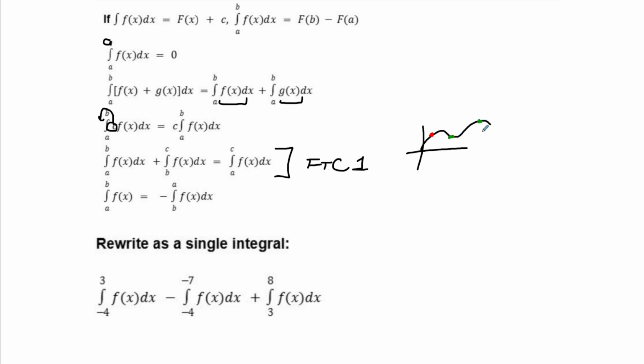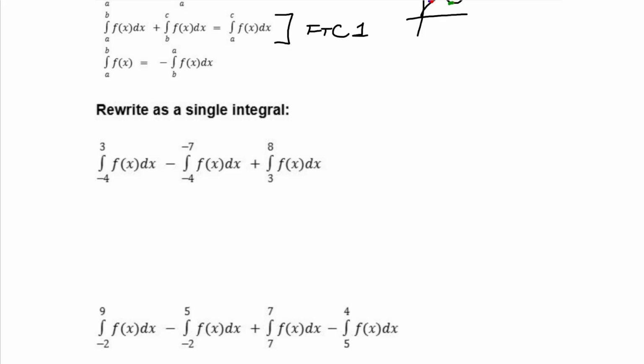That could just be seen as the integral from this point to this point. Okay, we don't have to stop in between. Additionally, the integral from a to b is the negative integral from b to a, right? So if we want to switch the lower and upper bound, we can just make it a negative, right? So let's try to rewrite these as single integrals here, okay?